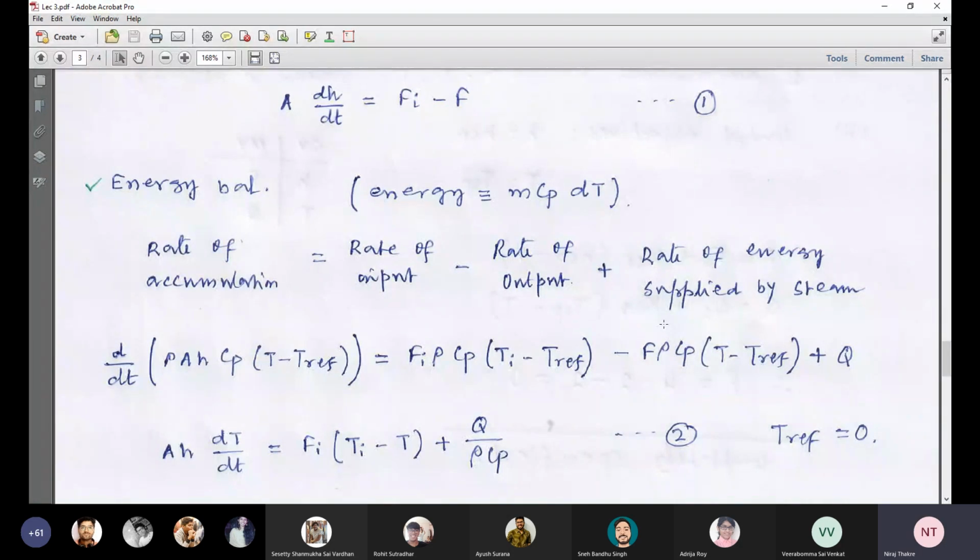Then you differentiate and insert equation 1. Anyone else got it?